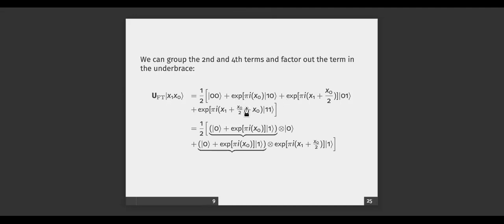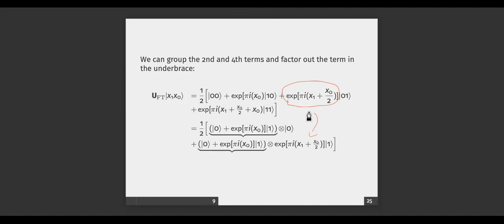And then if you factor out the exponential of x1 plus x, you can factor this out, and that becomes this one here.